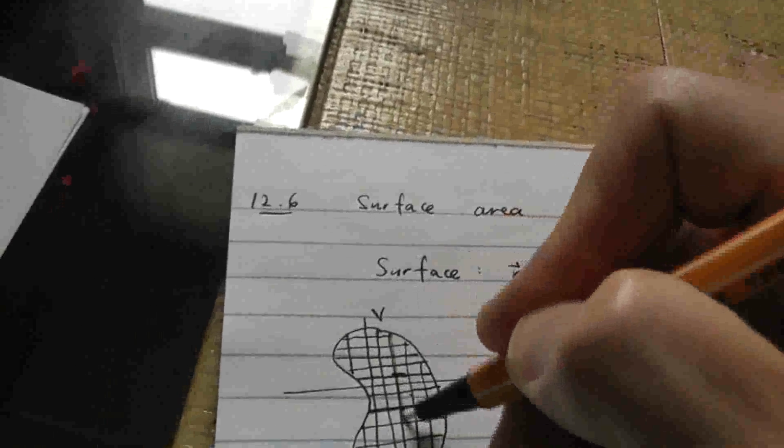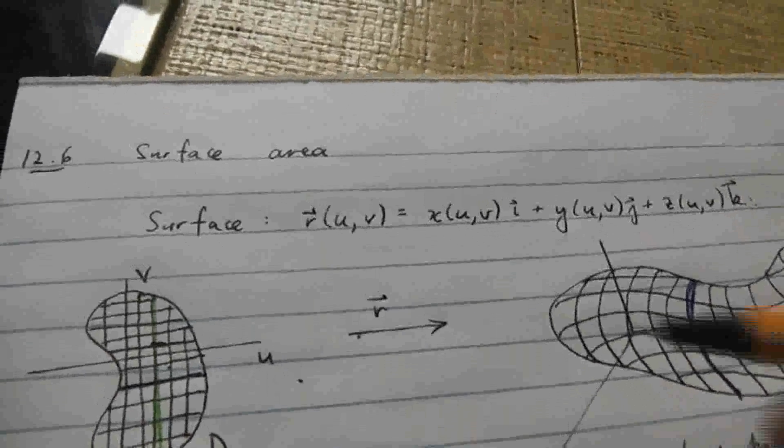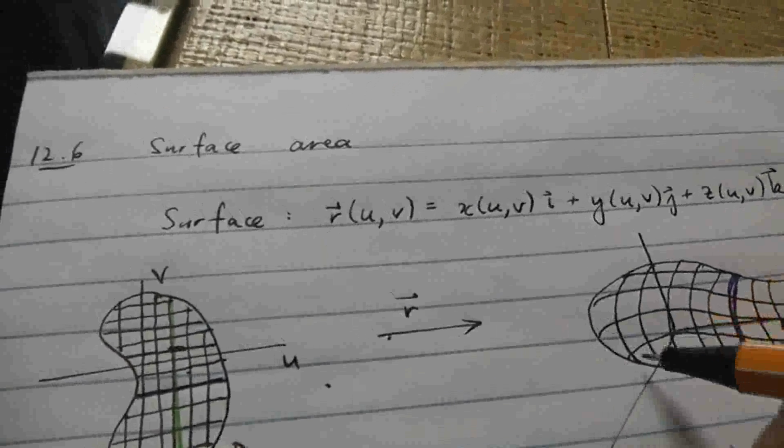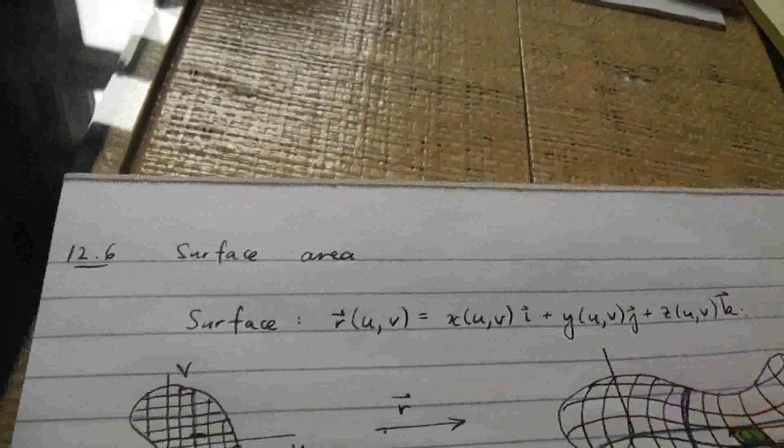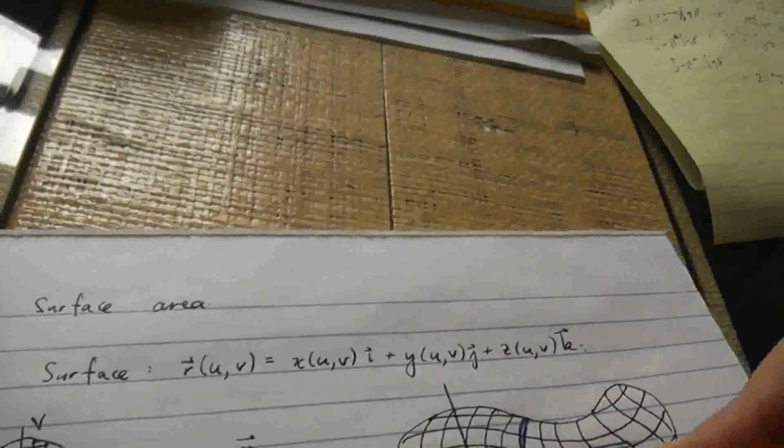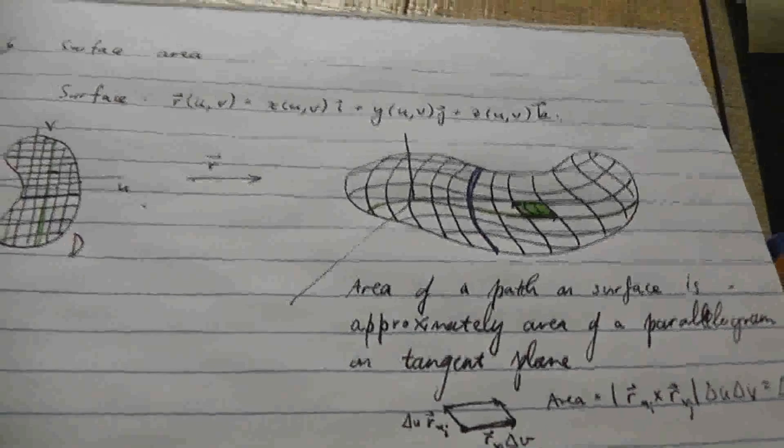Okay, and similarly, if we have some vertical line, let's say this one, it's going to get mapped to some curve, sorry, not a vertical line anymore, some curve that runs along the surface. Okay. So this surface is just some sheet in 3 dimensions, right? That's what the surface that we end up with is looking like.